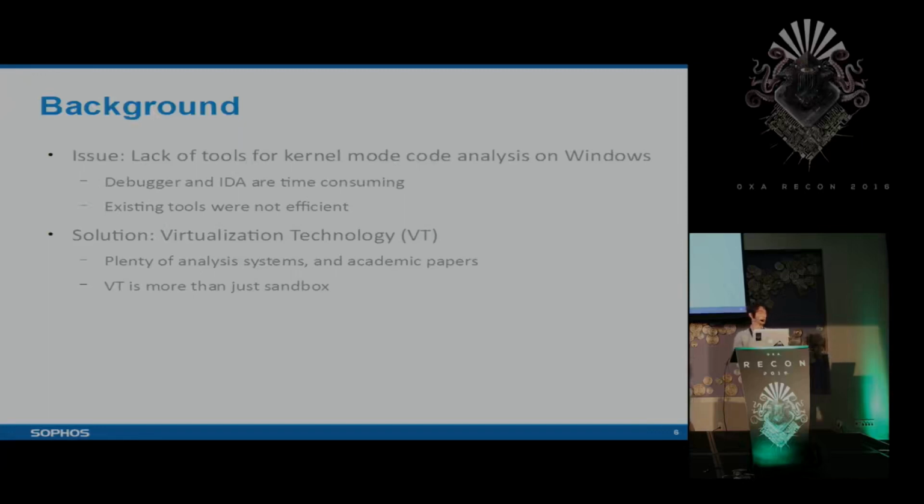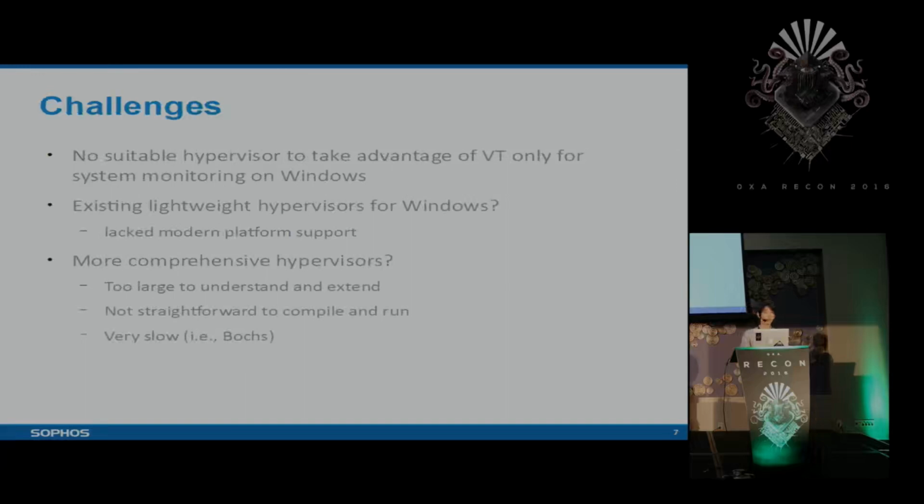So a lack of tools wasn't a real issue. The real issue was that there was no suitable hypervisor to utilize virtualization technology only for system monitoring purposes on Windows. Assume that you want to monitor a system by using virtualization technology on Windows. You need a hypervisor. But what options do we have?